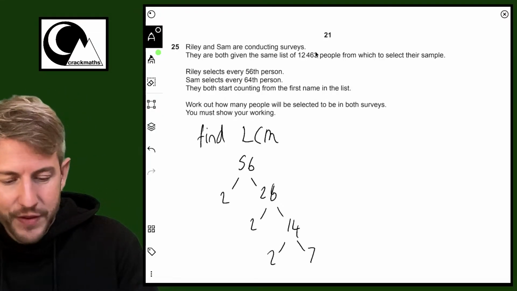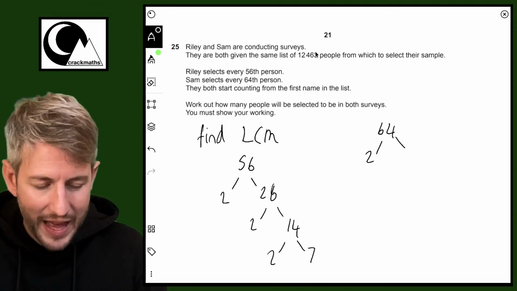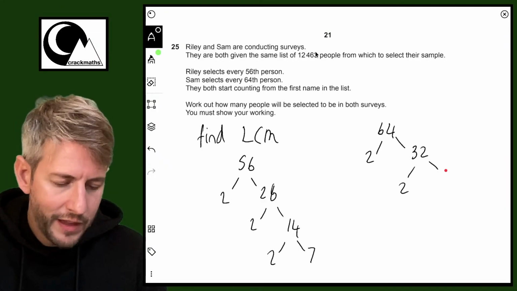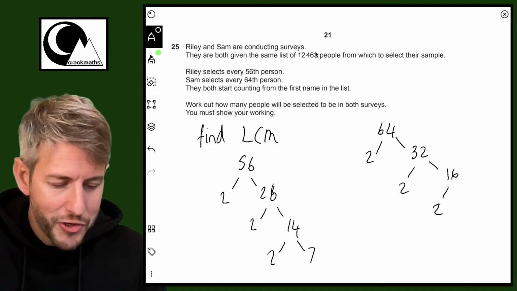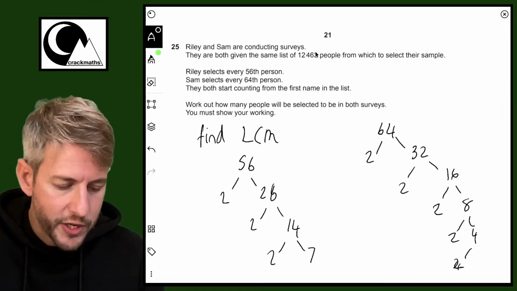Okay, so that's 56. 64 is going to be 2 and 32, 2 and 16, 2 and 8, 2 and 4, 2 and 2.